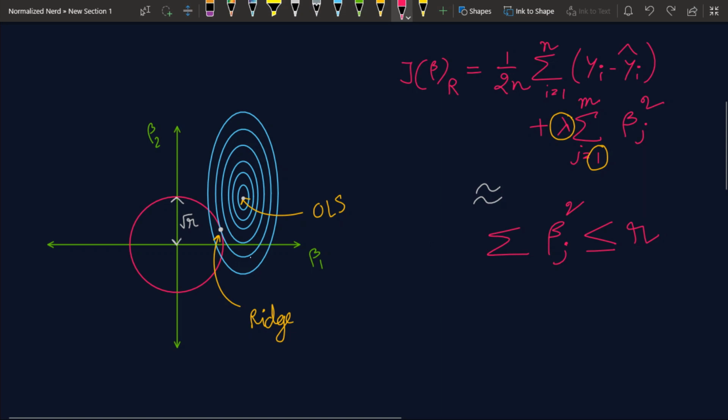Now focus on this plot. Well, this constraint can be visualized as a circle here. The center of that circle is the origin, alright?